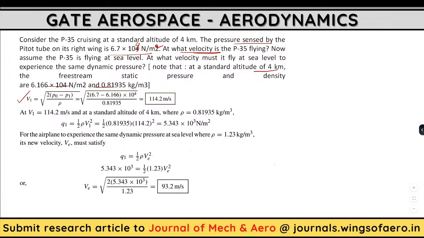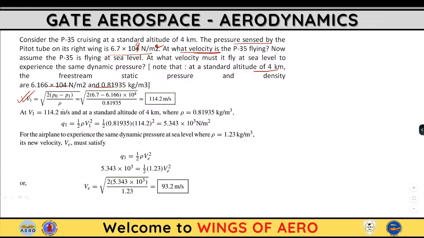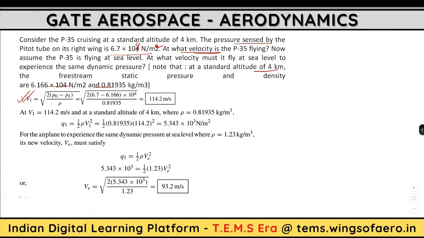So we have to utilize the formula which we have seen before, that is V1 equals root over 2(P0 minus P1) by rho. Rho at what altitude it is flying, that is what we have to use.